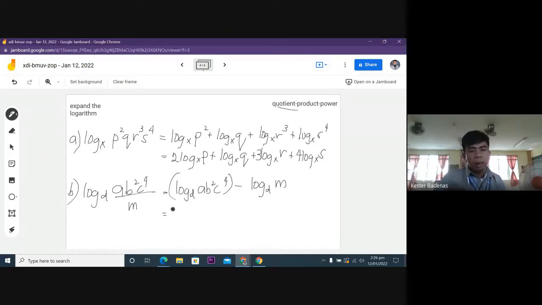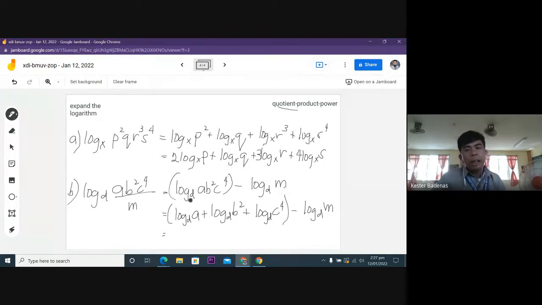So next is, apply niyo yung product rule. And don't forget yung parenthesis natin. So we have logarithm of a with the base b plus logarithm of b squared with the base b plus logarithm of c raised to 4 with the base b minus logarithm of m with the base b. Ayan siya.